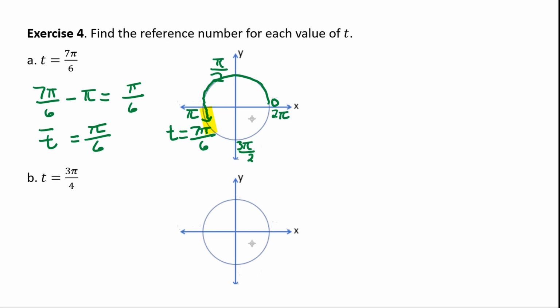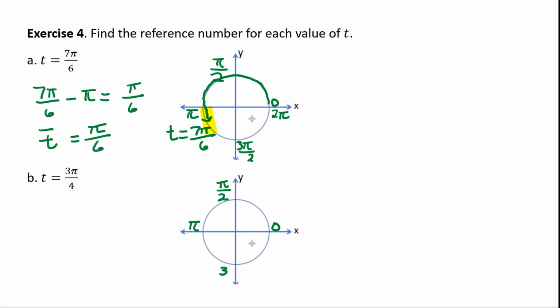Let's continue. B. For t equals 3 pi over 4, again, we need to determine first the quadrant in which 3 pi over 4 lies. Starting at 0, quarter of the way around the circle, top of the y-axis here, we're going to have pi over 2. And then continuing around, the other side would be pi.